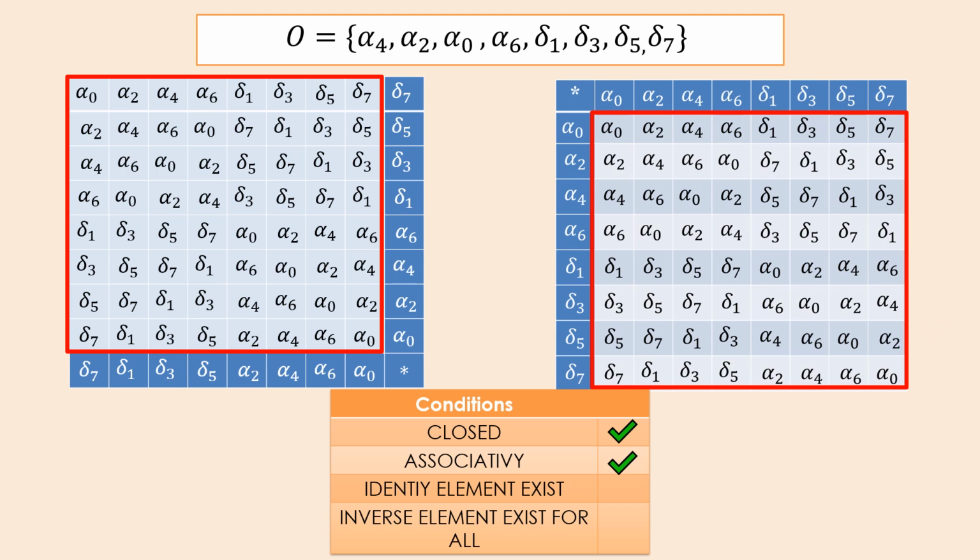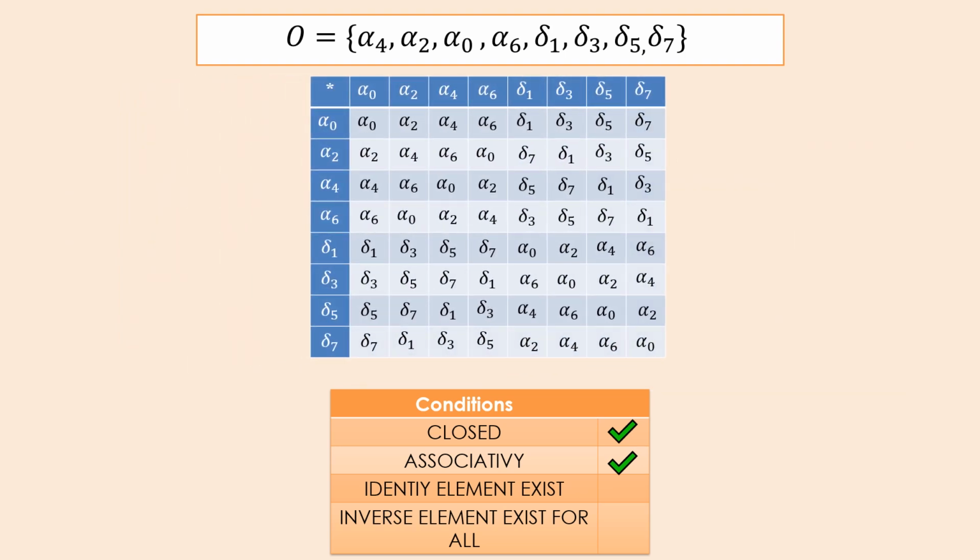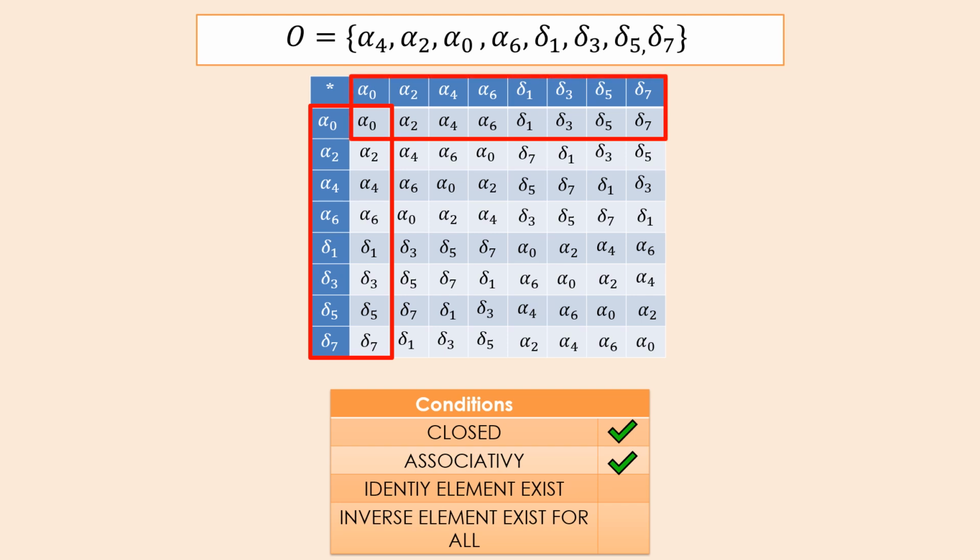Now, let's check if the identity element exists. Since the first row and first column of our table are identical to the row header and column header, the identity element exists, and the identity element is alpha sub 0.